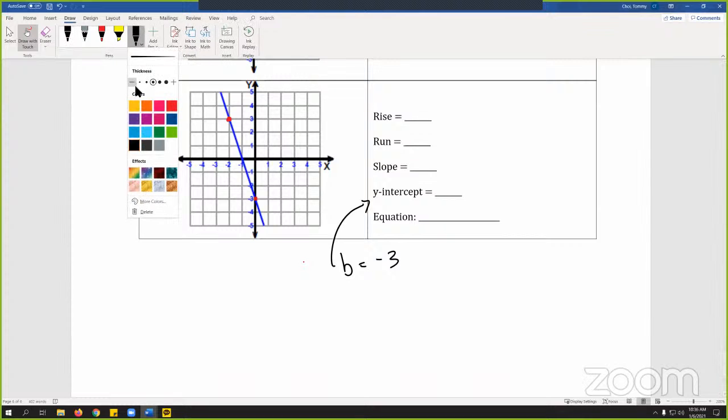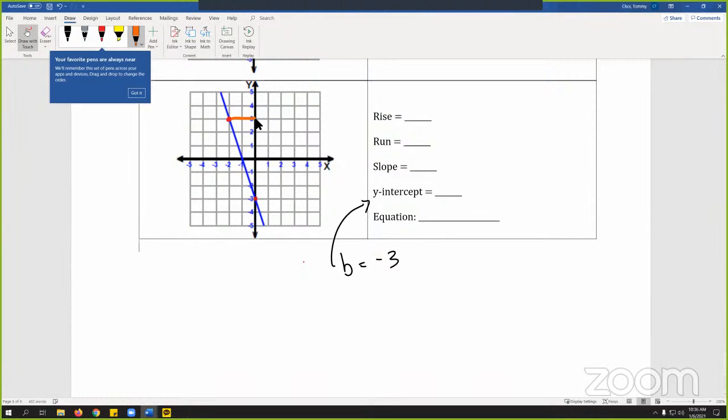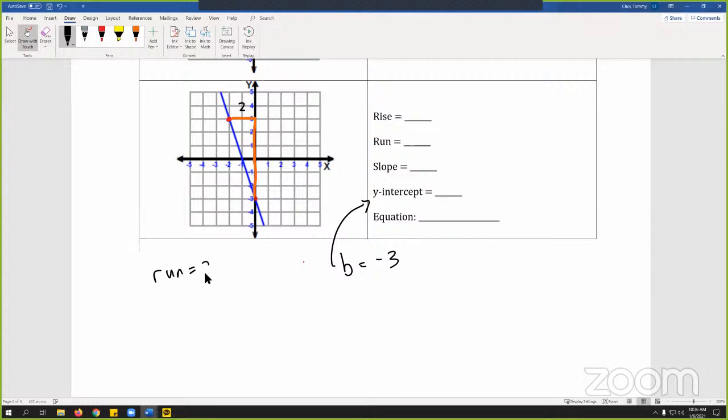Let's add a pen, let's put it as orange, and I'm going to draw it like this. There's our triangle. My run is 2. My rise is 1, 2, 3, 4, 5, 6, so -6.